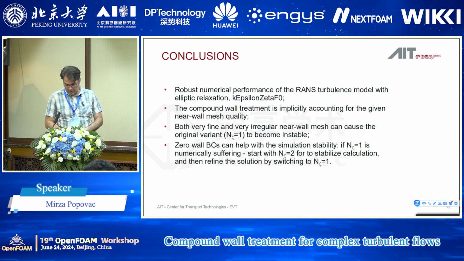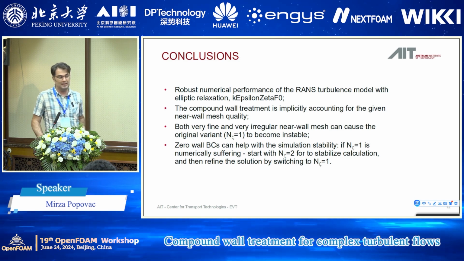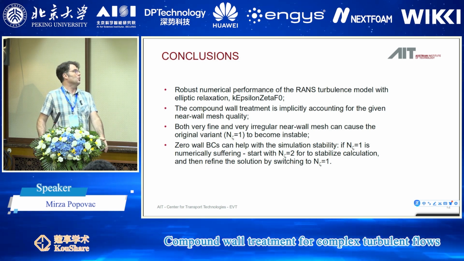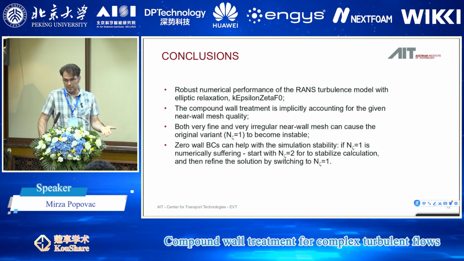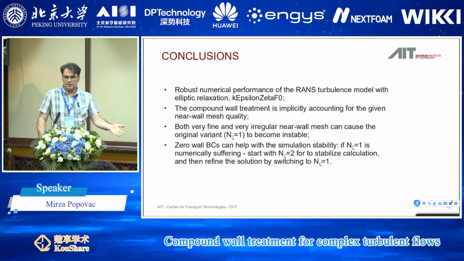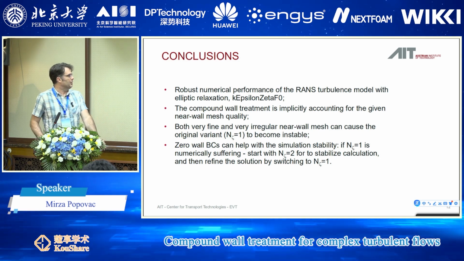So, a few conclusions. Like I said, for proper turbulent treatment of wall-bounded flows, one needs a proper model. This proper model has to account for local and non-local effects, viscous or pressure related.